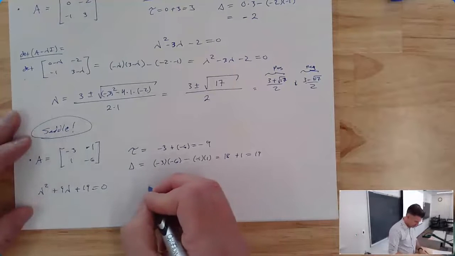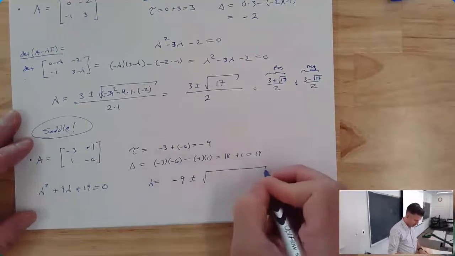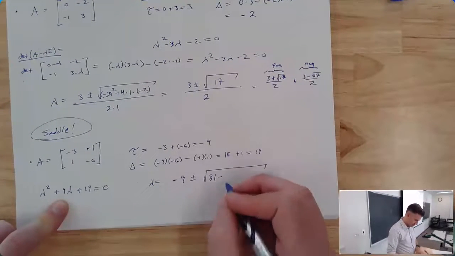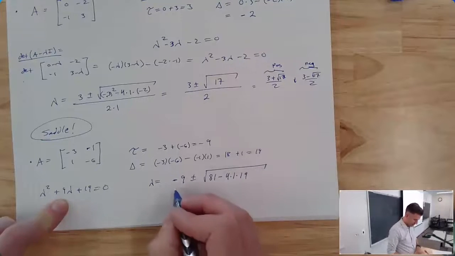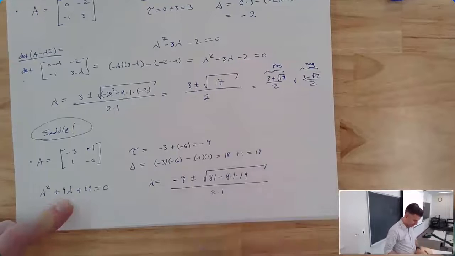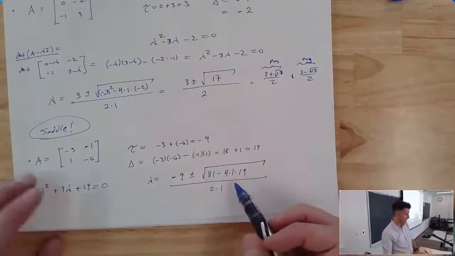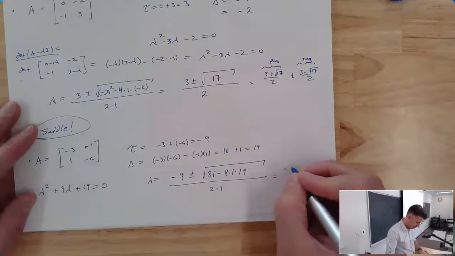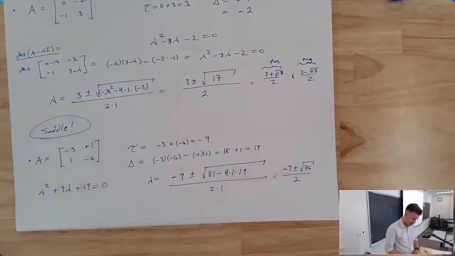So we're going to get that lambda equals -9 plus or minus the square root of 9 squared minus 4 times 1 times 19 over 2 times 1. 4 times 20 is 80, so 4 times 19 is 4 less than 80, which is 76. This is -9 plus or minus the square root of 76 all over 2.